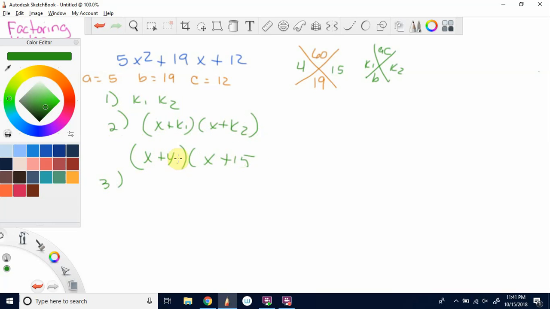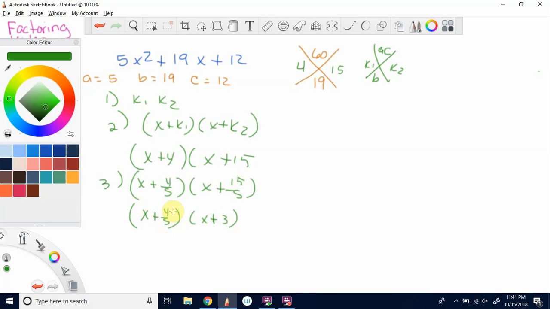Step 3, we're going to take K1 and divide it by A. So x plus 4/5 times x plus 15 over 5. So this simplifies to x plus 4 over 5, because 5 is not a factor of 4, and this simplifies to x plus 3.